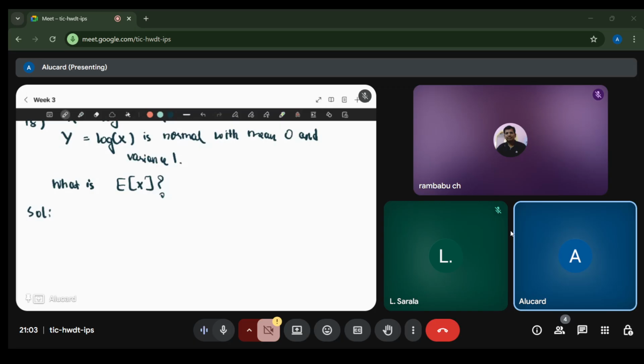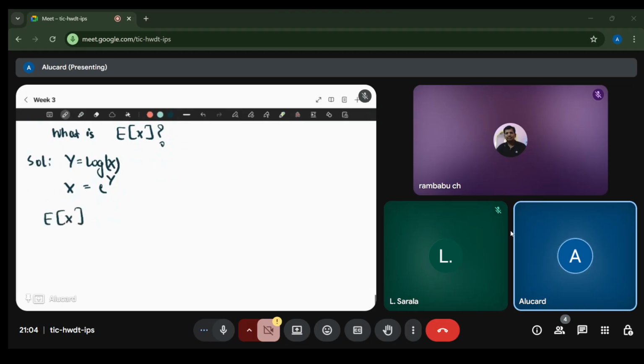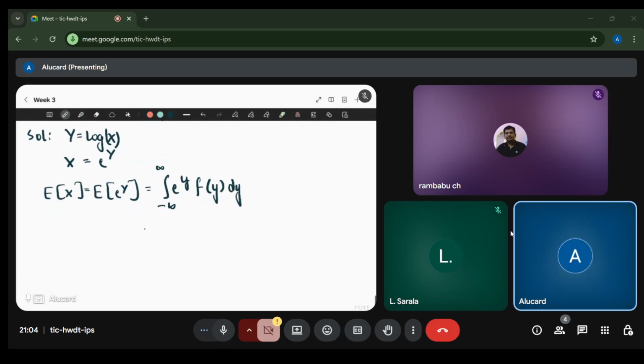Now we know that y is log x. That means x is e power y. So the expected value of x is the expected value of e power y, which is the integral from minus infinity to infinity of e power y times the density f_y of y dy. Since y is normally distributed, its density is 1 over square root of 2 pi times sigma.